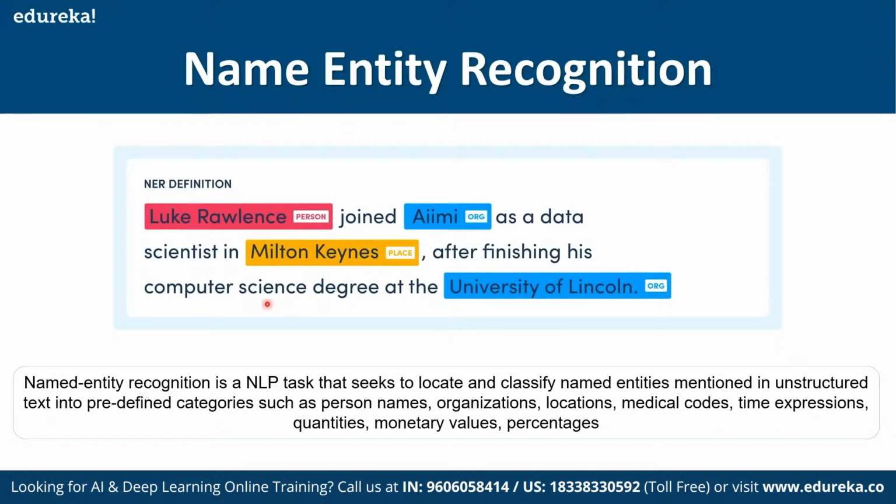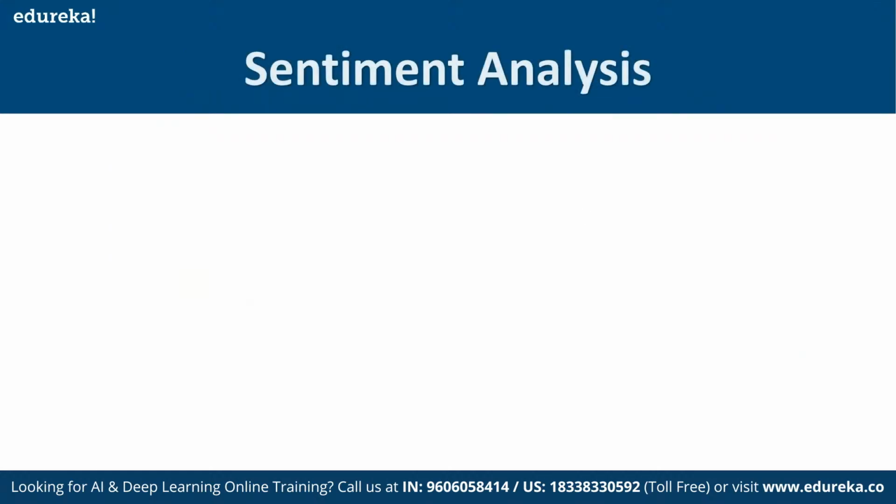Okay, so this is a very good use of LSTM, that is using it for named entity recognition. It is used to locate and classify named entities mentioned in unstructured text into predefined categories such as person names, organizations, locations, medical codes, time expressions, quantities, monetary values, and percentages. Okay, so a lot of learning is here.